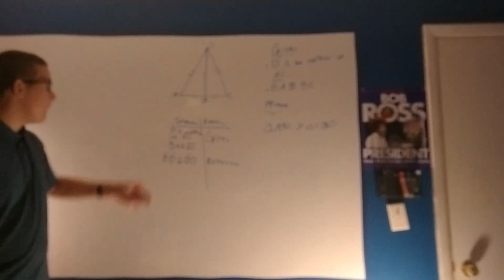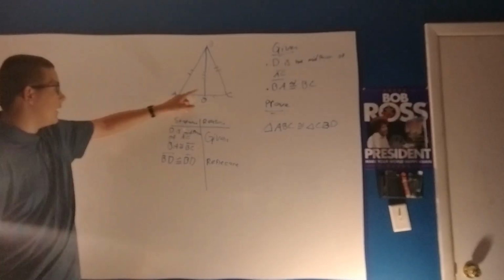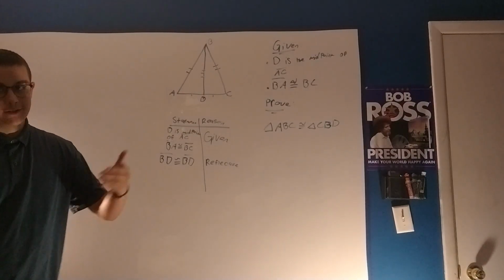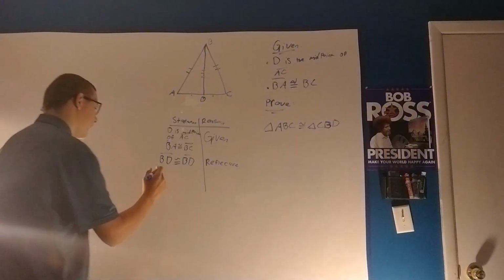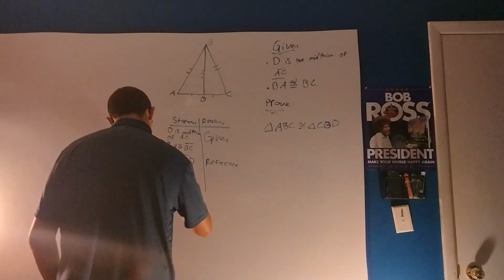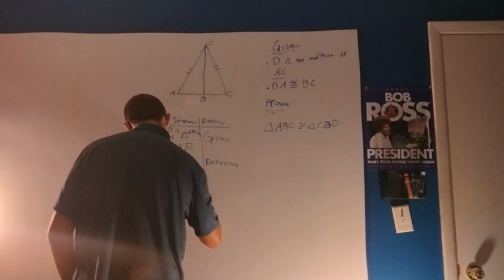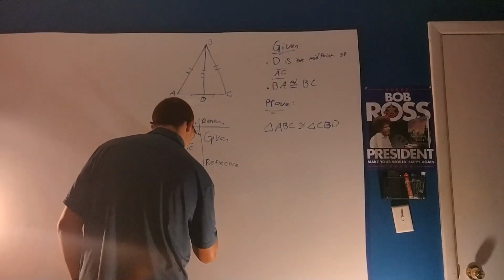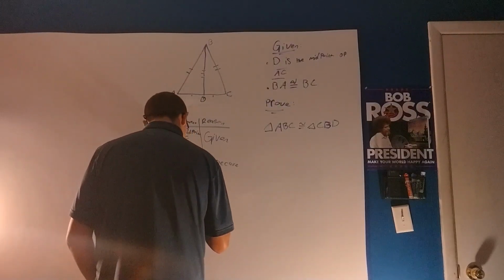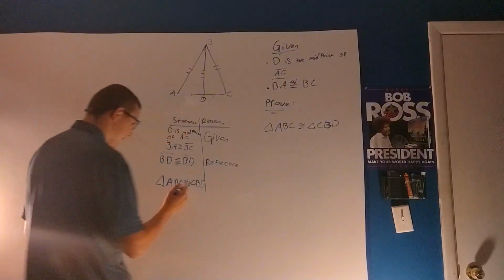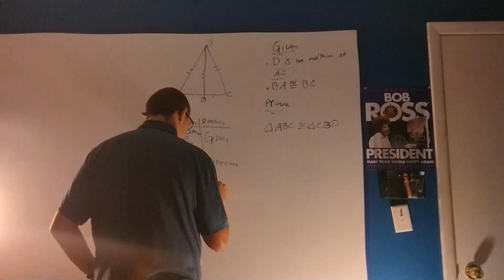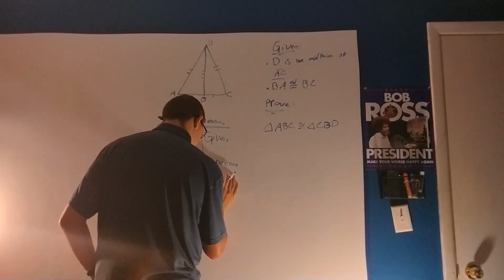And from there, now we have side, side, side. We have three sides that we know are congruent, and that's going to be side, side, side congruency. So we can already say triangle ABC is congruent to triangle CBD because of SSS.